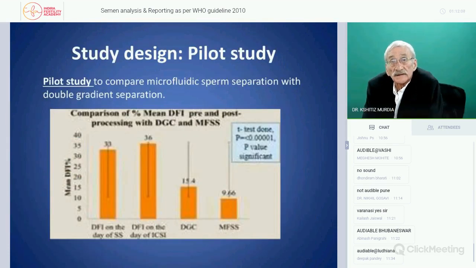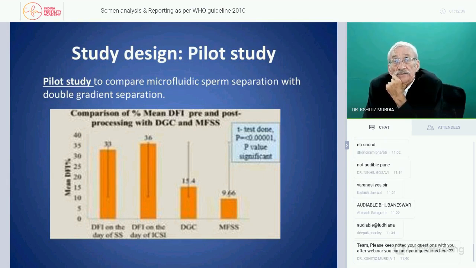This is the pilot study that this group did comparing the double density gradient method of preparing sperm to the microfluidic system. You can see that the fragmentation index in the beginning, before separation, came drastically down after using the microfluidic system compared to the double density gradient.